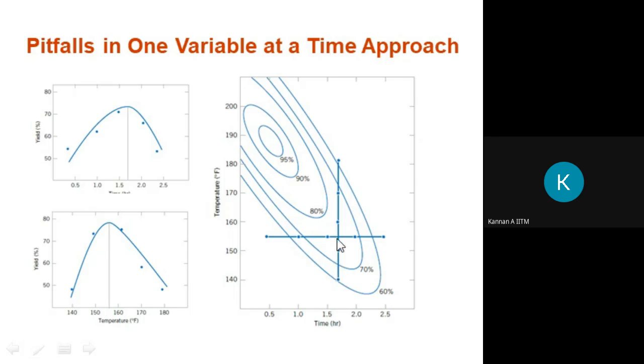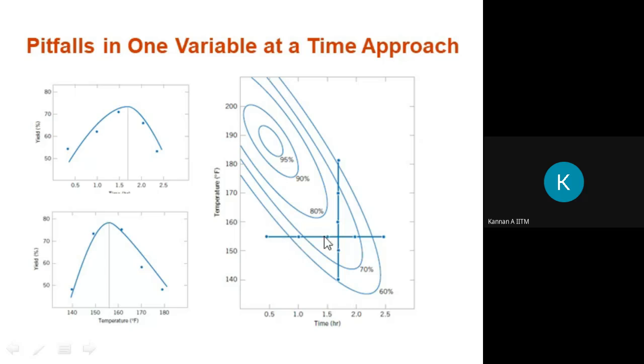Okay, you are keeping time constant at some value of, let us say, 1.75 hours, and I am varying the temperature. I'm keeping temperature at 155 degrees centigrade. I'm varying the time from 0.5 hours to 2.5 hours, and then I find this is the maximum value.